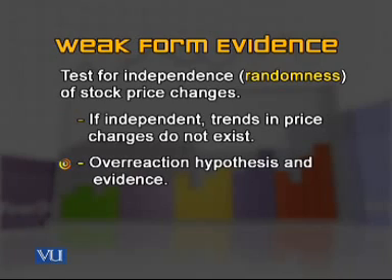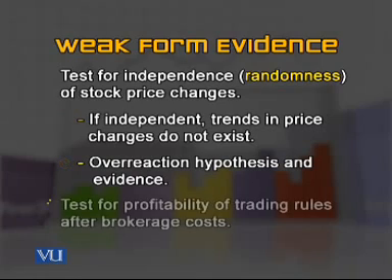Overreaction hypothesis and evidence tells us that people and stock prices react suddenly, quickly to all information. So it's much better to simply buy and hold because there are trading costs, there are brokerage costs, there are commissions that you have to pay every time you make a decision based on information.